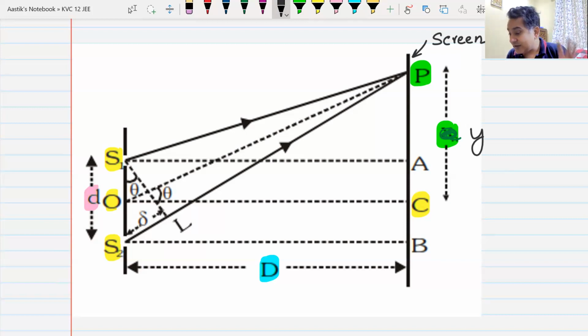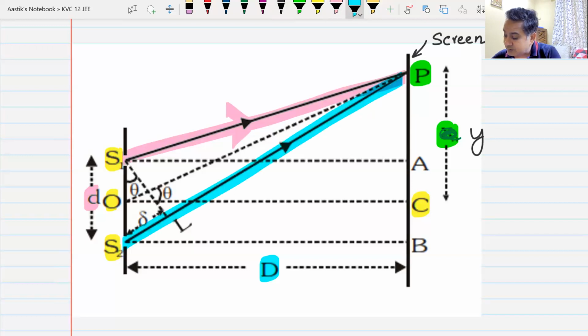We are going to take interference at point P. Now, two waves will be interfering at point P. The first one is the pink one coming like this from source S1. The second one is the blue one coming from the other source like this.